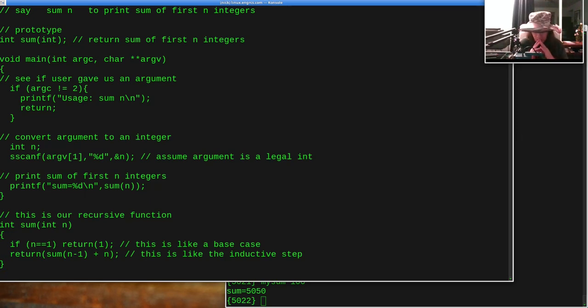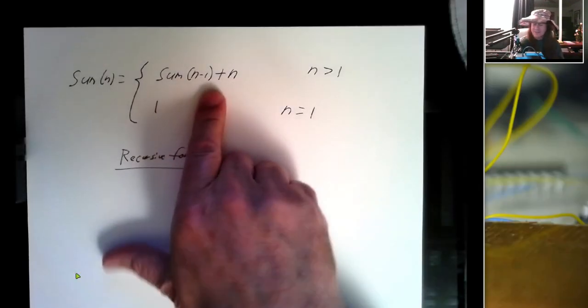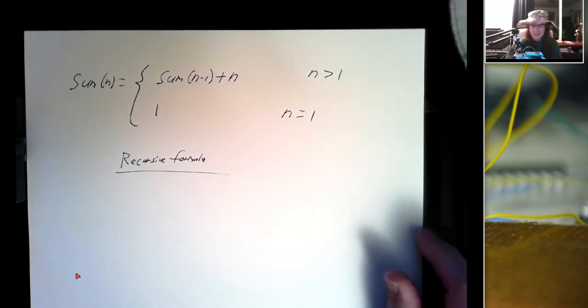And recursion is not always the way to solve a problem. Now, a lot of times writing a recursive algorithm is easier than writing a non-recursive one. This may not be the first way we would think of adding the first n integers if someone asked us how to do that.